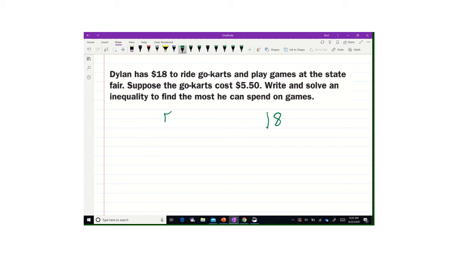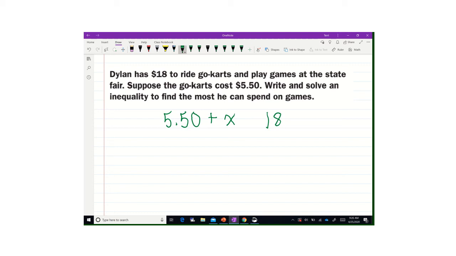I know he's going to spend $5.50 on the go-karts, but I don't know how much he has to play games. So if I am going to find a total amount, I know it's going to be an addition problem. So $5.50 plus some number. Now let's see, he has $18 to spend.